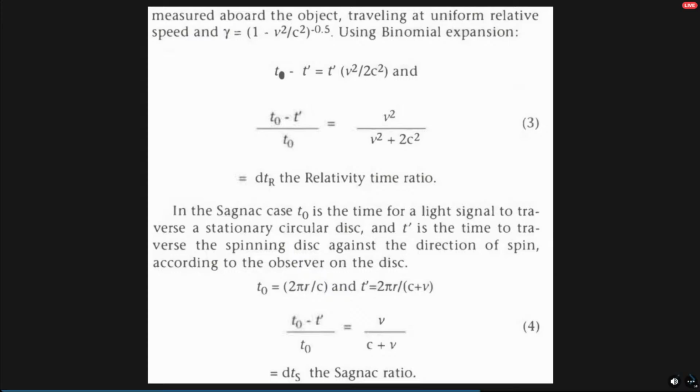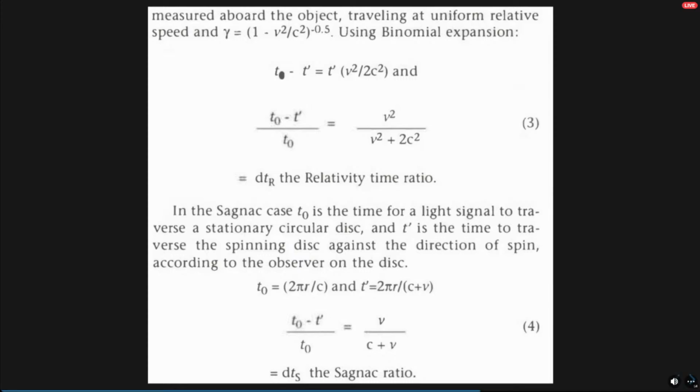So we have here the coordinate transformation of what they're doing. So DTR is the relativity time ratio. In the Sagnac case, T naught is the time of light signal to travel on a stationary circular disk, and T prime is to travel on the spinning disk in the direction of the spin according to the observer on the disk.